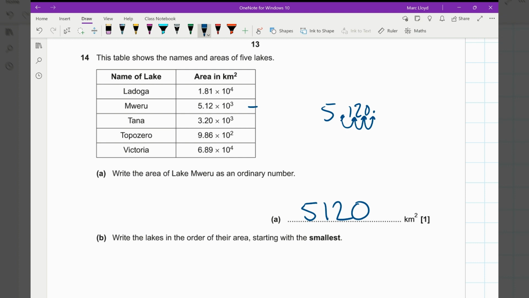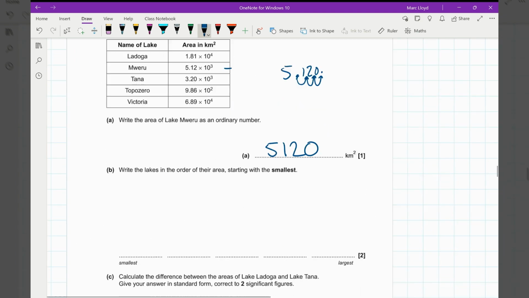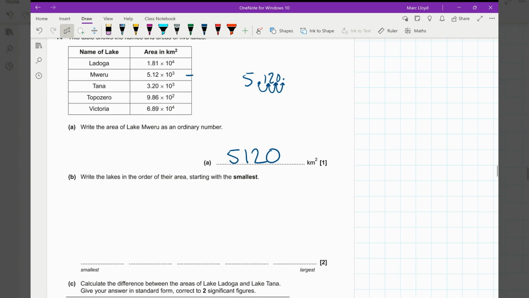Okay, write the lakes in order of their area, starting with the smallest. So when we've got small numbers, we are expecting there to be a lower power because that one's effectively multiplied by 100. These ones are multiplied by 1,000, and these ones are multiplied by 10,000. So our smallest one will be Topo.